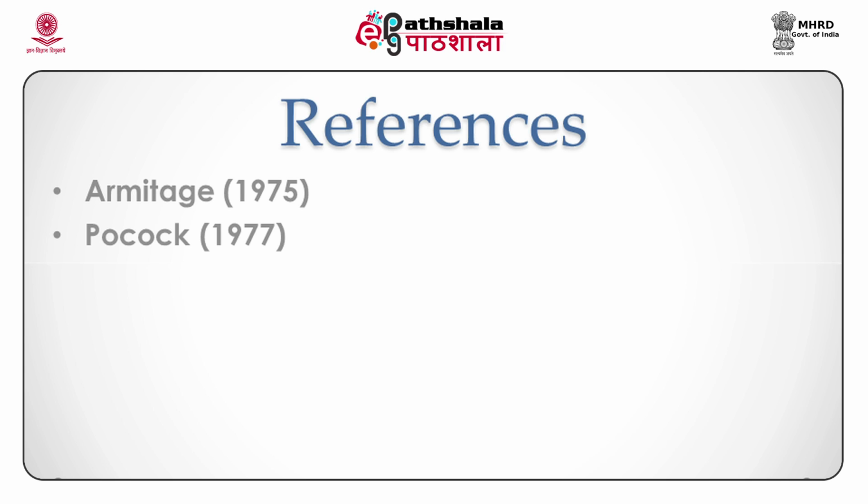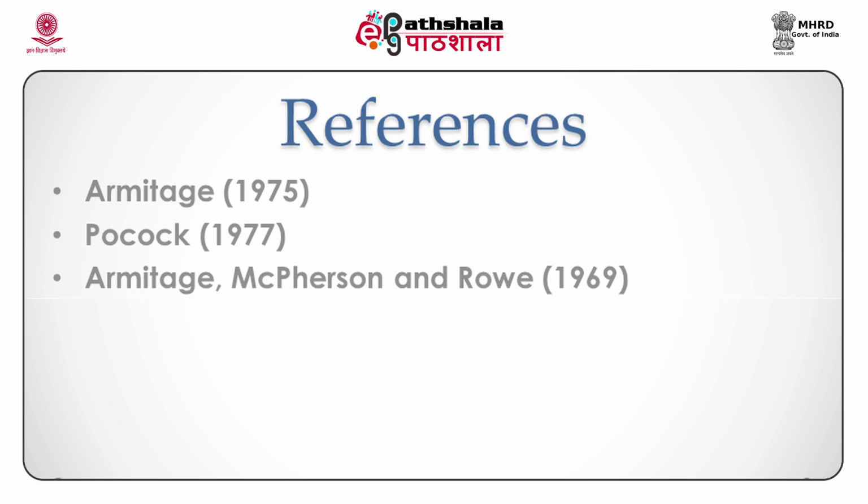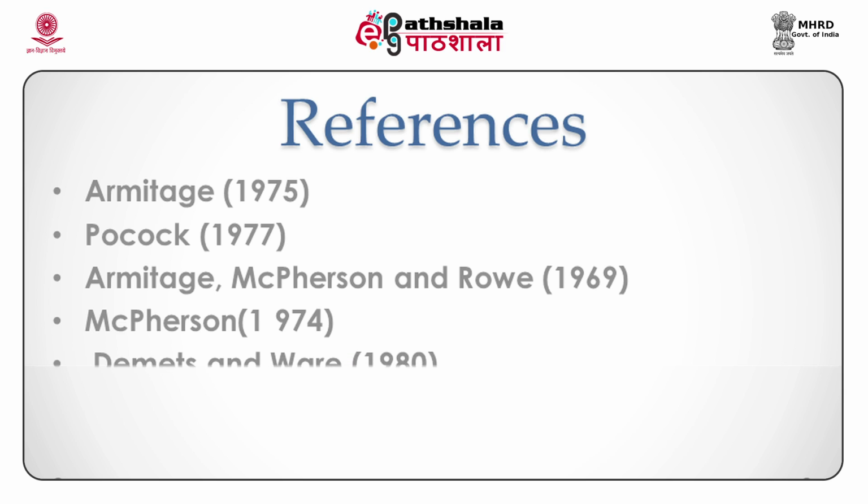For more details, you are referred to the paper by Armitage, McPherson and Rowe in 1969 and McPherson in 1974. Many of these procedures use two-sided significance tests, but you can look at the paper by Demetz and Ware for the case of one-sided testing.